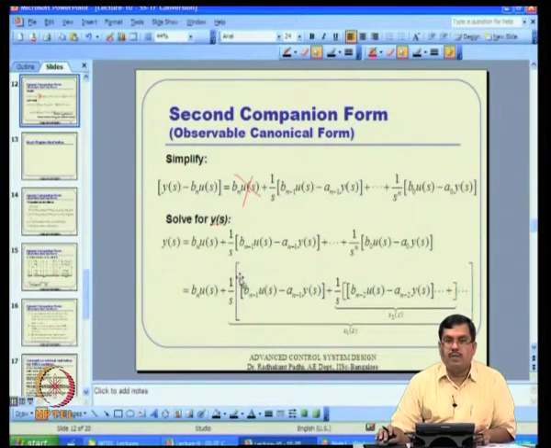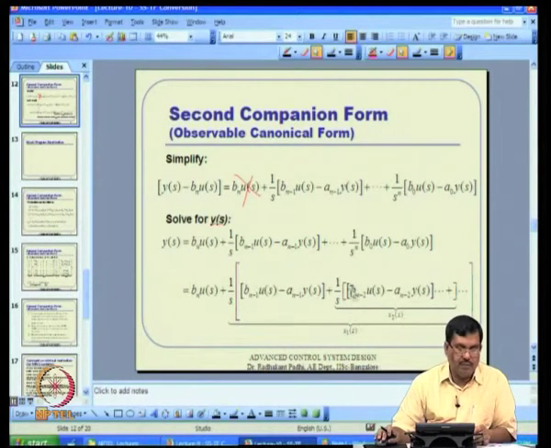So, if I just take out the integration, then the rest of the term is nothing but x 1 dot. If I take this term as x 1 dot, then pass it through an integration 1 by s, I will get x 1. So, this entire expression that I see is nothing but this term, plus this x 2 of s. Whatever I have, this is x 2 of s essentially.